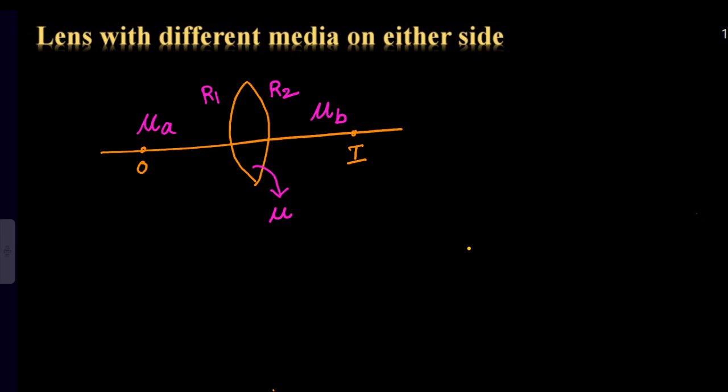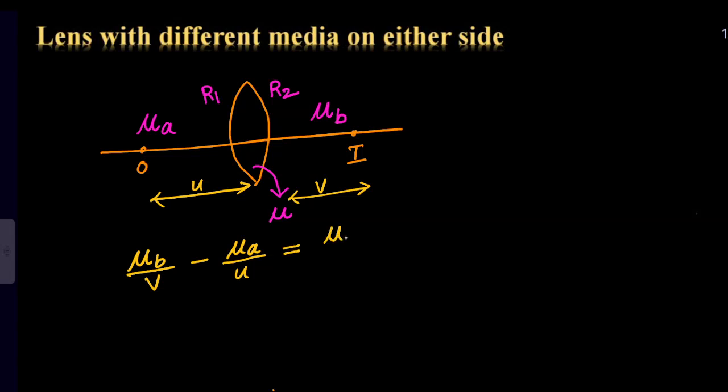In those cases, the lens formula is modified as: mu B by V minus mu A by U, where V is the image distance and U is the object distance, is equal to (mu minus mu A) by R1 plus (mu B minus mu) by R2.